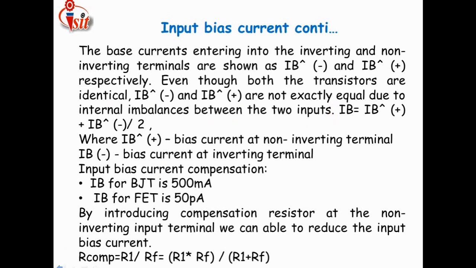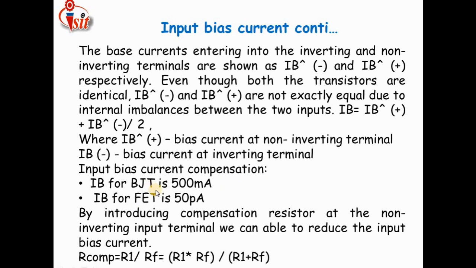So IB is equal to (IB plus + IB minus) divided by 2. To keep the average current distribution for both terminals, we take the average of these two, where IB plus is the bias current at the non-inverting terminal and IB minus is at the inverting terminal.